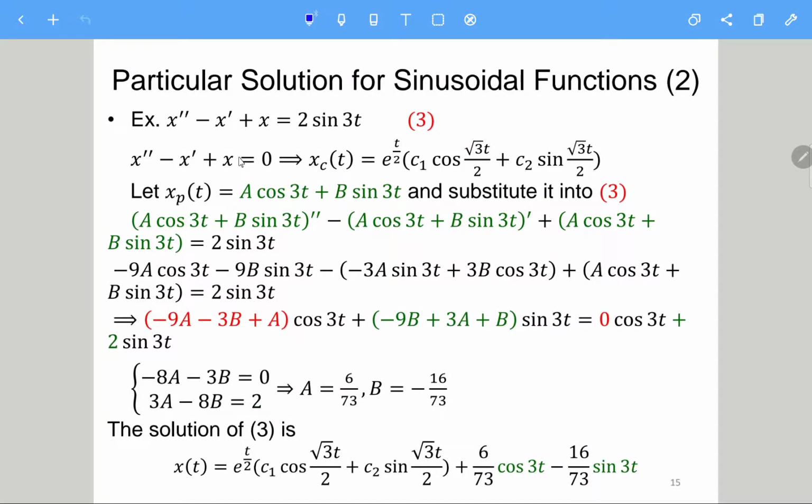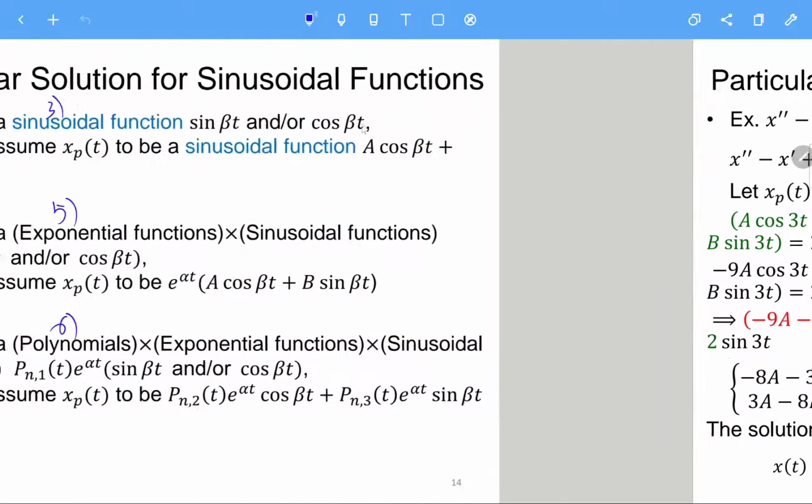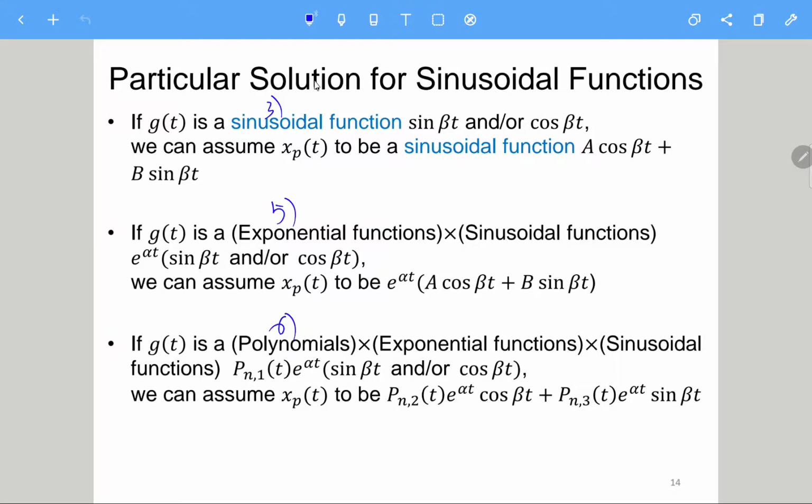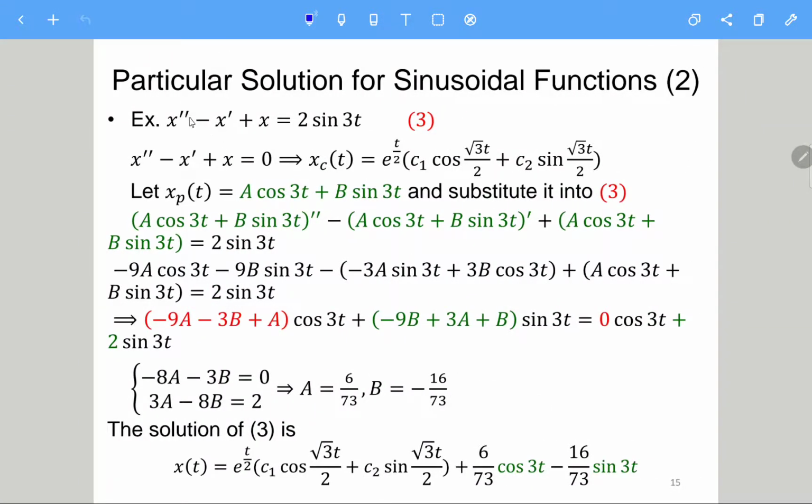Okay, so here let's see an example. This is only the third case. We have a constant coefficient linear ODE on the left side, and then we have g of t to be a sinusoidal function.